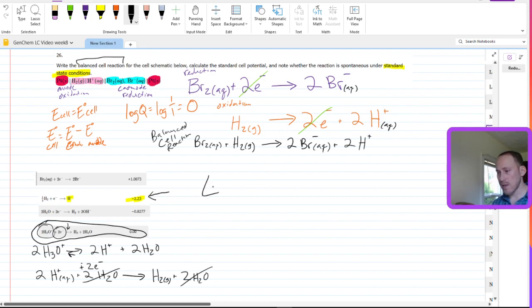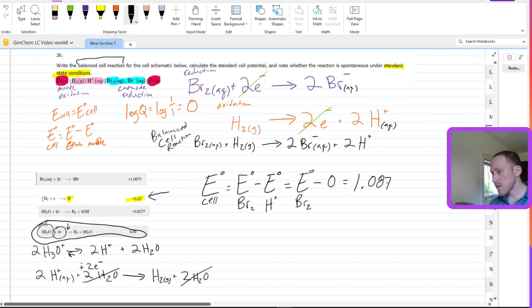So this one turns out to be super easy. E cell equals the standard reduction potential of bromine, minus the standard reduction potential of a proton, which equals the standard reduction potential of bromine minus 0, which equals 1.0873 volts.